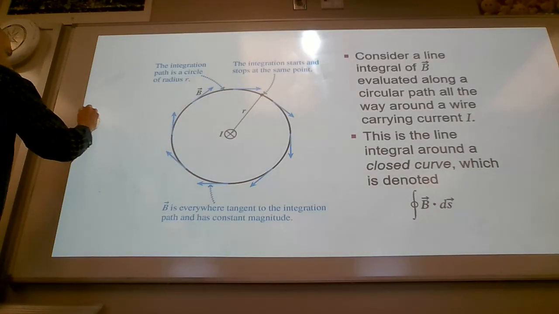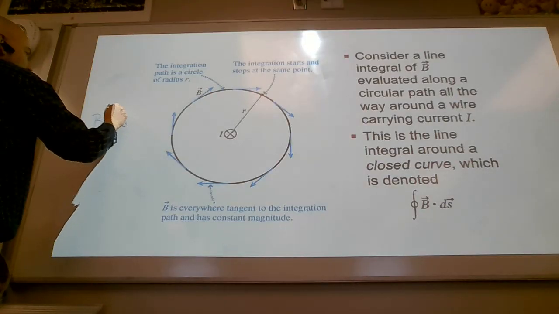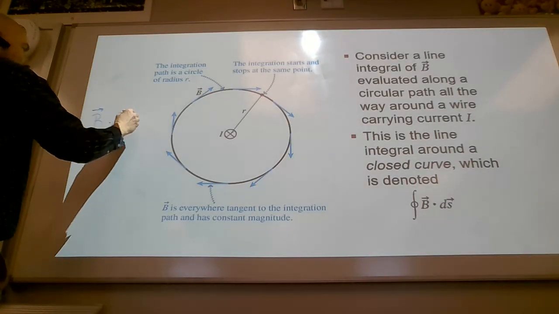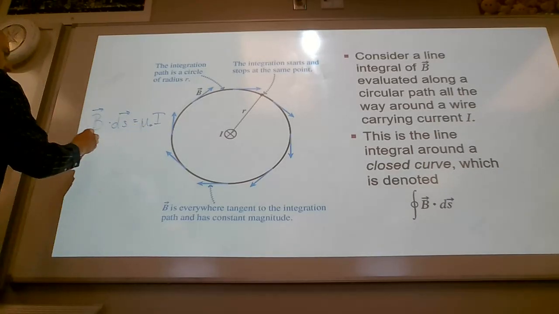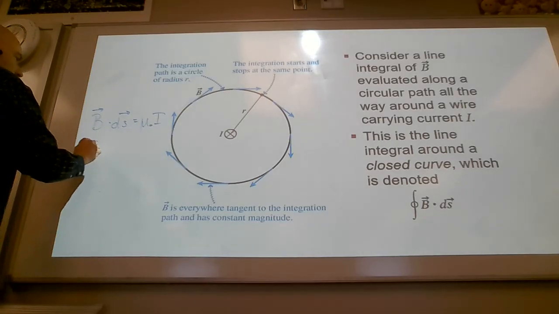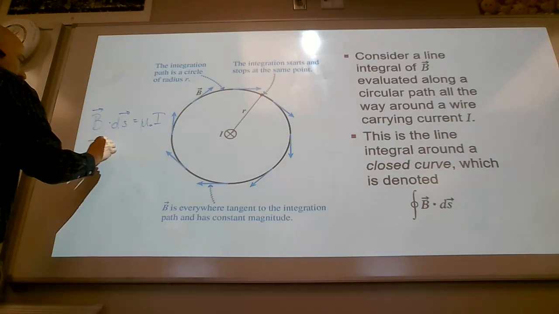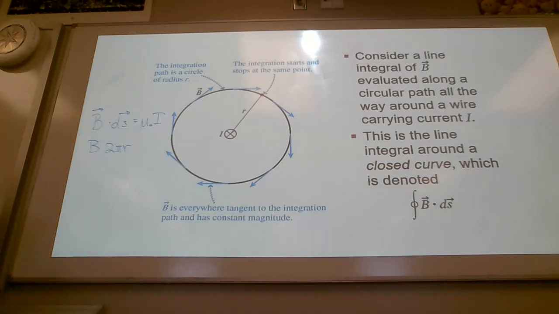So the enclosed current is just that wire. And this has a distance of 2 pi r, the circumference of the circle.